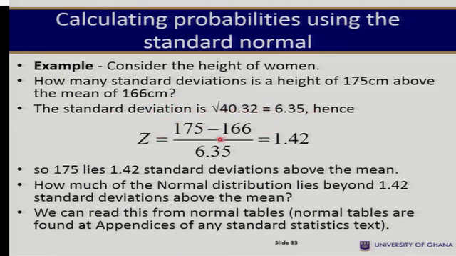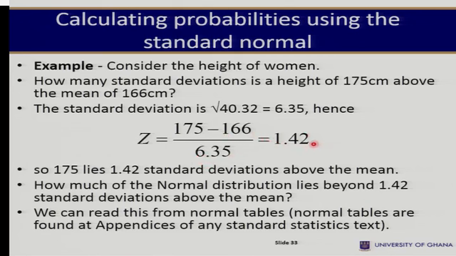So to construct the z based on the height of women, a height of 175 centimeters will give us a corresponding z value of 1.42, and we obtain it as 175, which is the x, minus 166, which is the mu, divided by sigma, 6.35. It gives us 1.42.